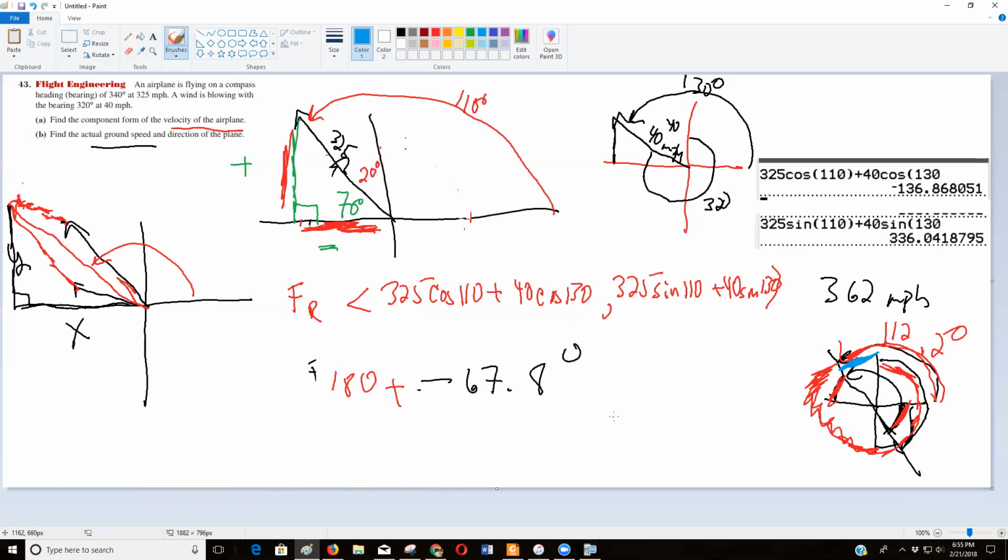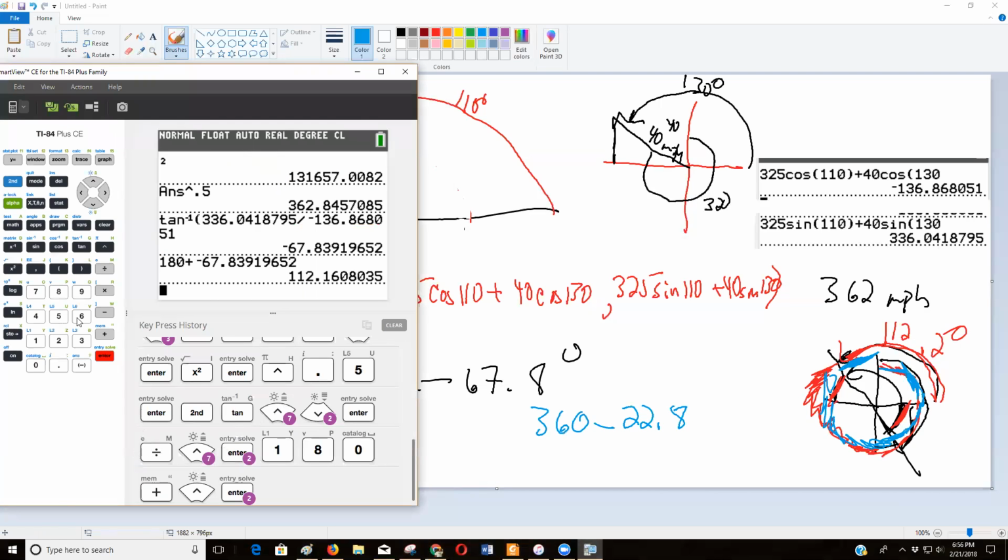So that angle is 22.2. And since we're going to go all the way from true north, which is the old 90 degrees, back to here, I'm just going to take 360 degrees and subtract that. So let's subtract 90 from that. Make sure I got my 22 degrees right.